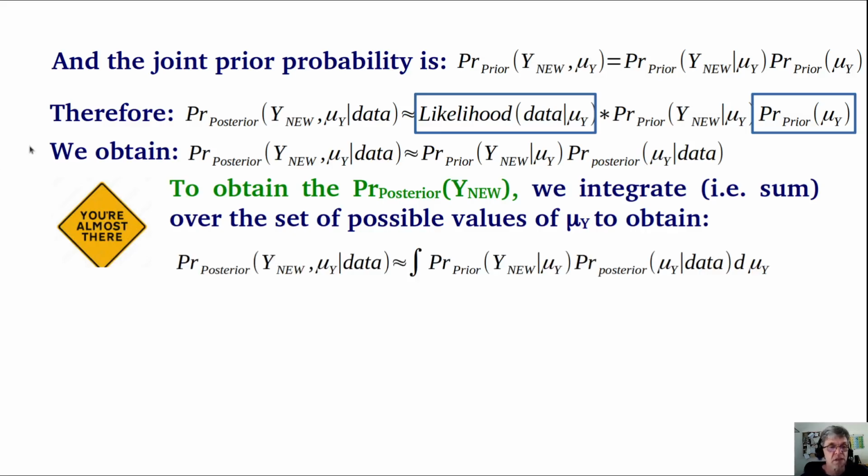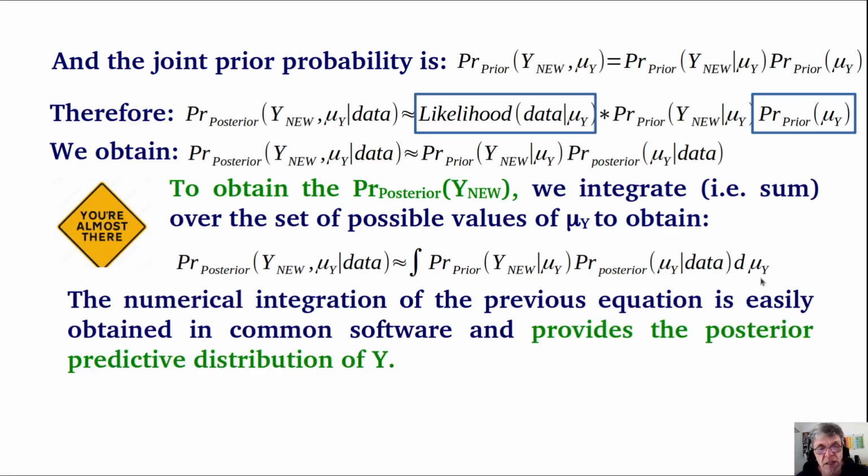So this is the posterior probability of the new data and the parameter given the data, and let's recall that this integration sign simply means that we are making an infinitesimal sum of these two products for all possible values of the parameter.